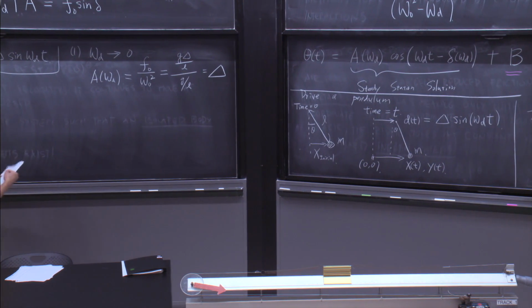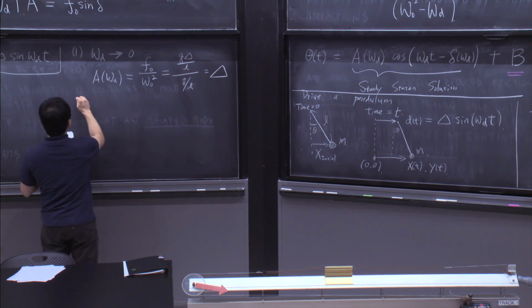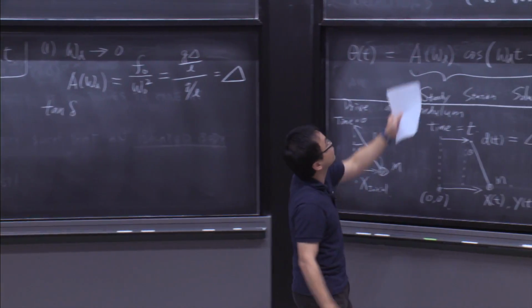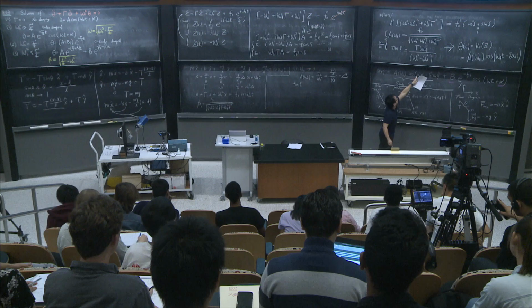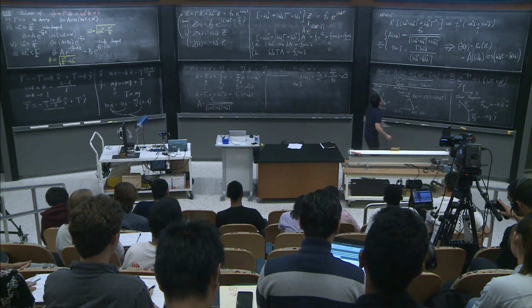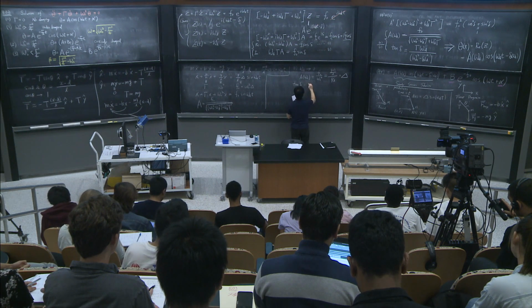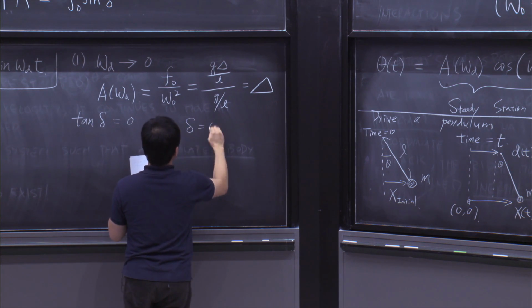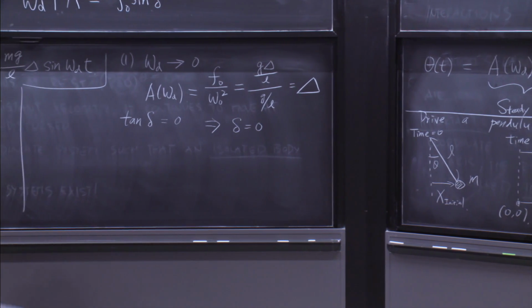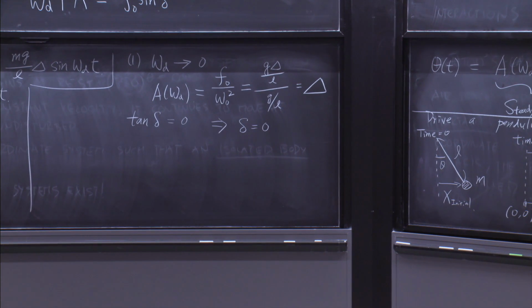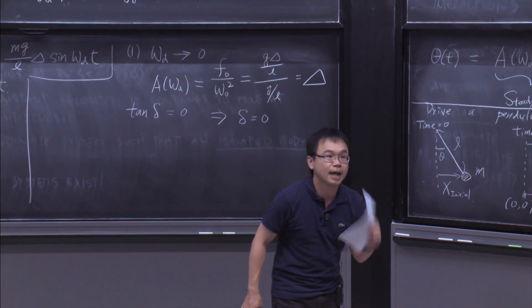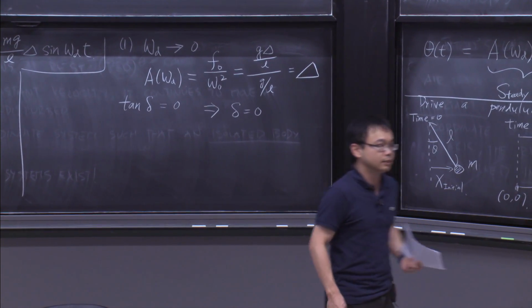In addition to that, tangent delta, since I'm taking the limit of omega d goes to 0, will be equal to 0, and that means delta will be equal to 0. Any questions? So that means there will be no phase difference. The system has enough time to keep up with my speed. Okay?